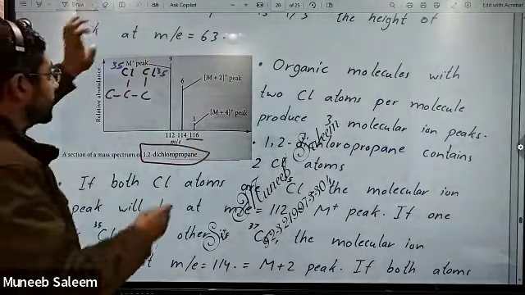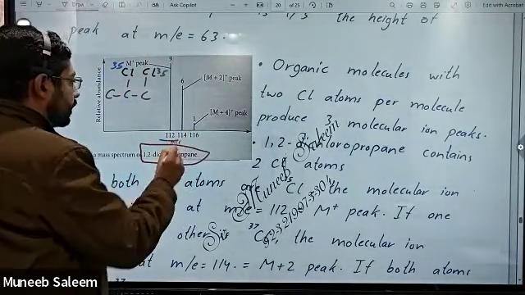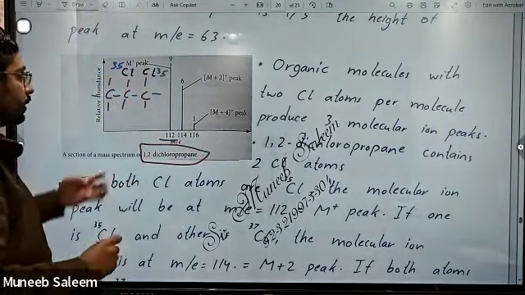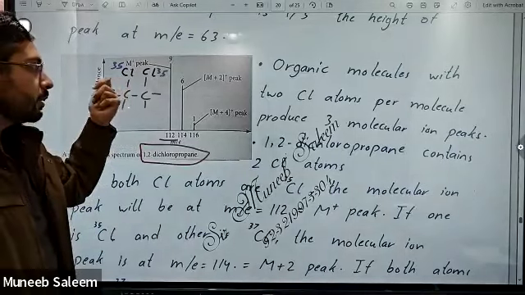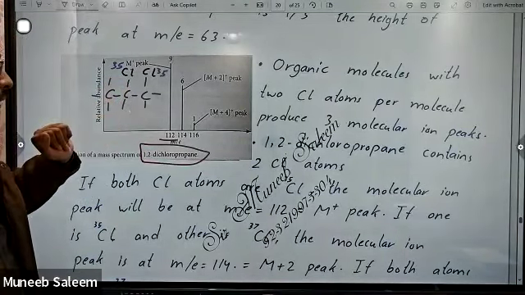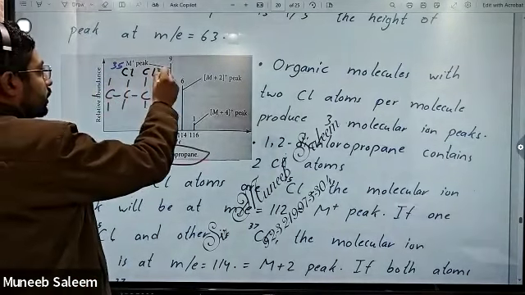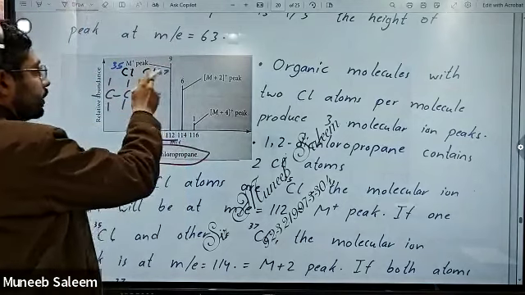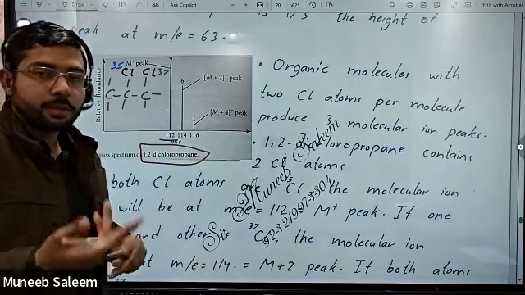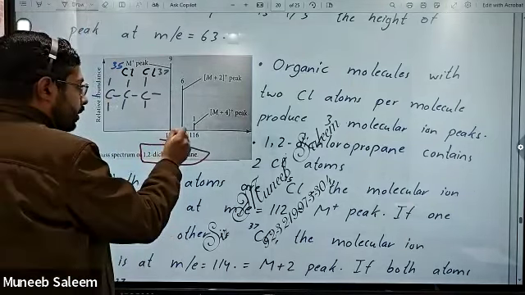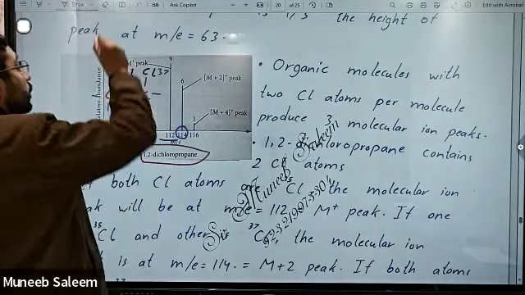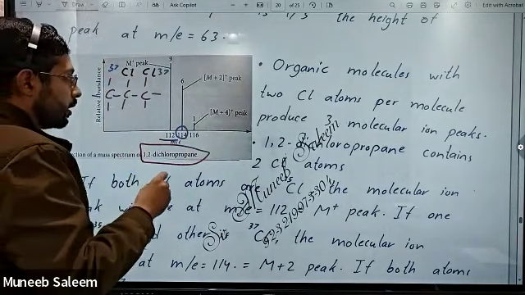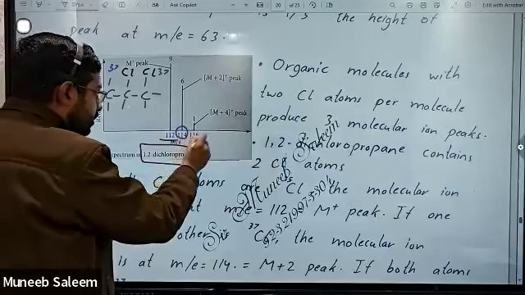116. Sorry, that value is 112. The value for this whole molecule, in which you will complete the hydrogen atoms as well, and both the chlorine atoms are chlorine 35 each, then the mass will become 112. But if I change one chlorine 35 with chlorine 37, now there is a difference of 2. The value has been increased by 2. So this time the m/z value becomes 114. Now if I substitute the other 35 with another 37, it will give me the mass value at 116.